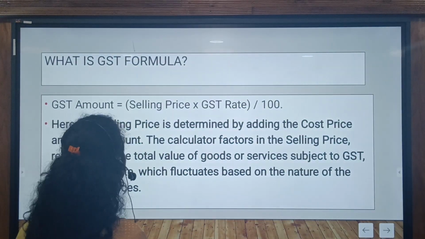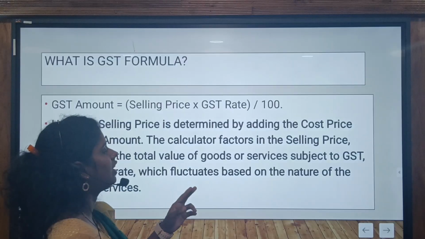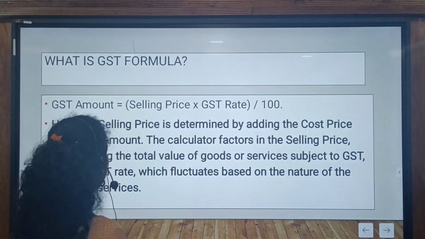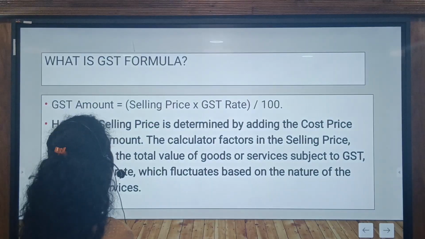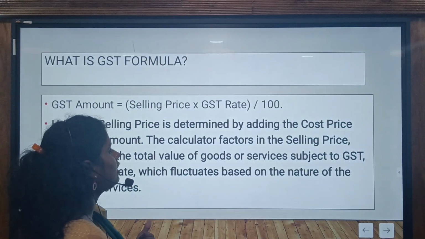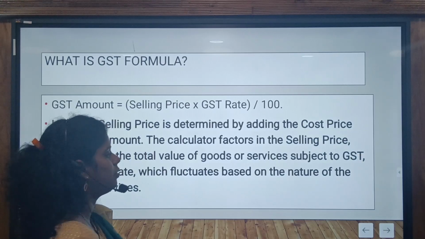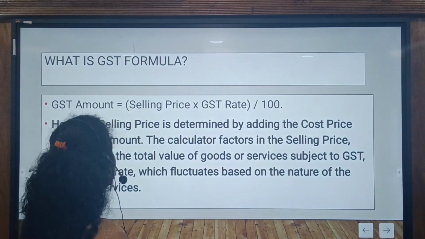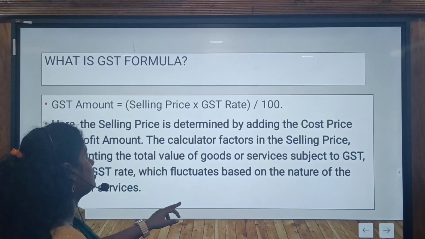The GST amount is equal to the selling price times the GST rate divided by 100. The selling price is determined by adding the cost price and profit amount. The calculator factors in the selling price, representing the total value of the goods or services subject to GST, and the GST rate, which fluctuates based on the nature of the goods and services.